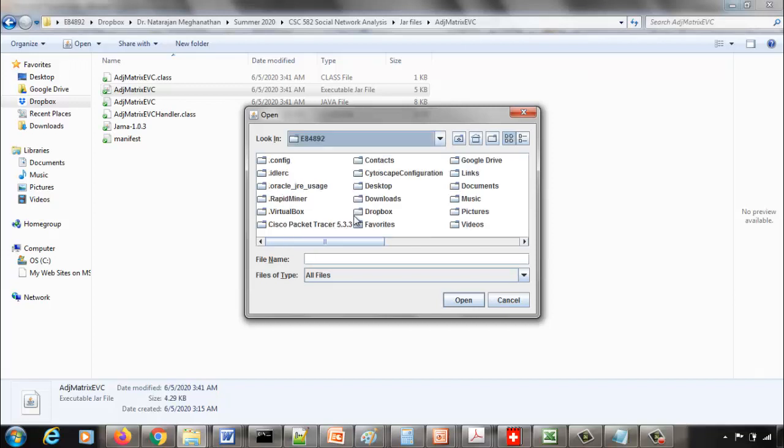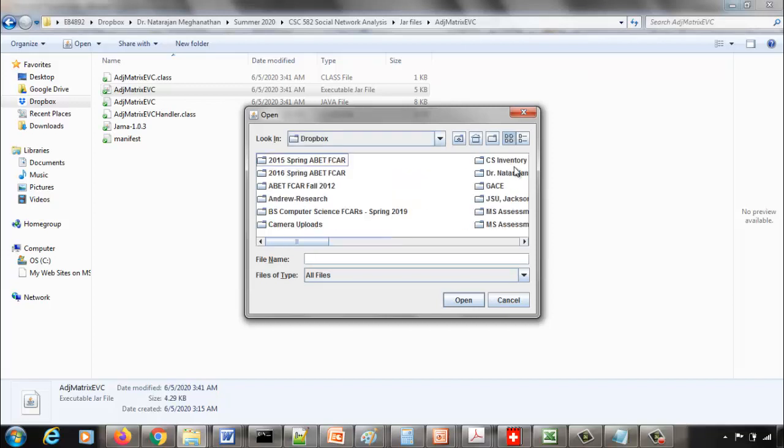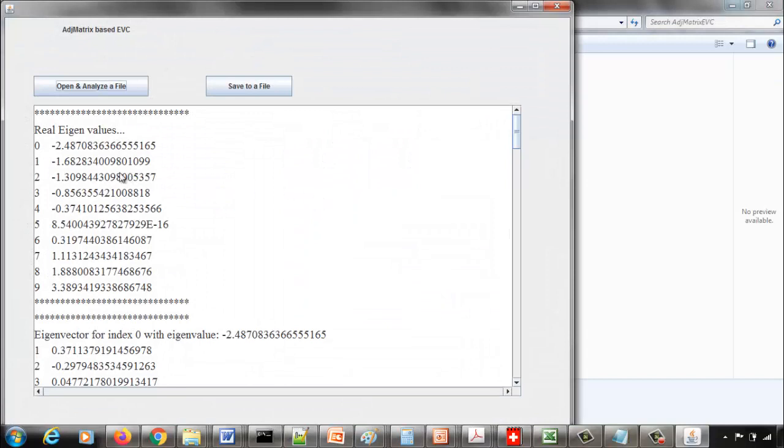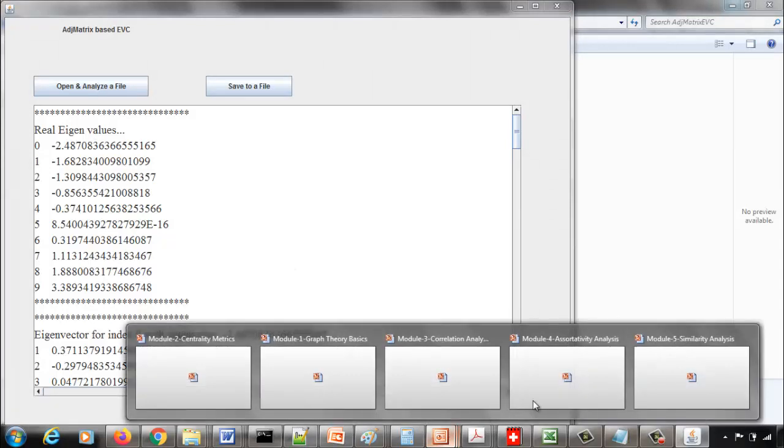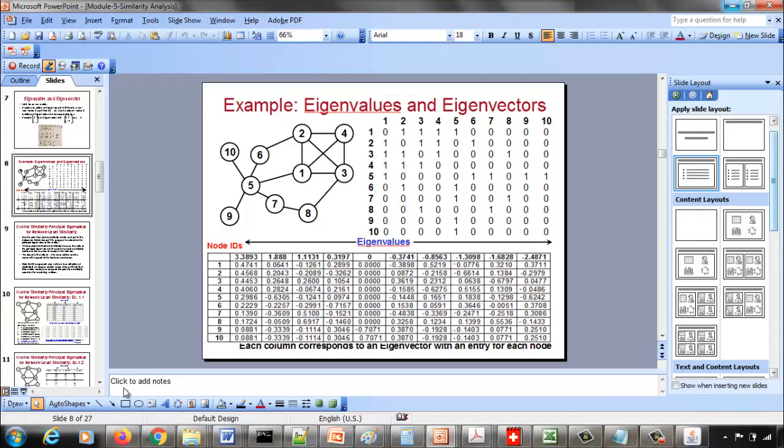Now load the adjacency matrix file. I have it saved as this, and so you're going to have 10. This is a 10 by 10 matrix because that's the number of vertices.